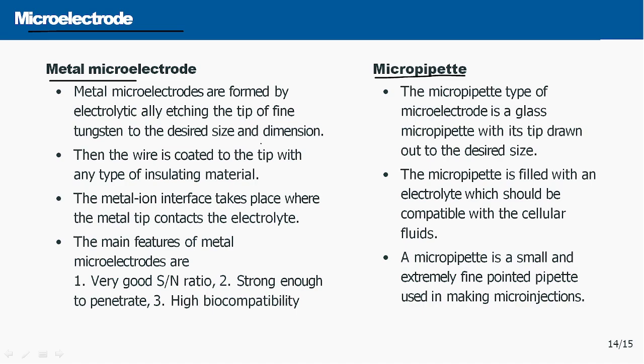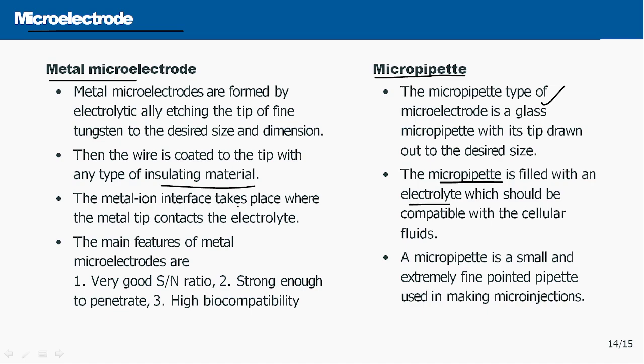The wire is coated up to the tip with an insulating material. The micropipette type microelectrode is made of glass, not metal, and it is filled with an electrolyte which should be compatible with the cellular fluid.